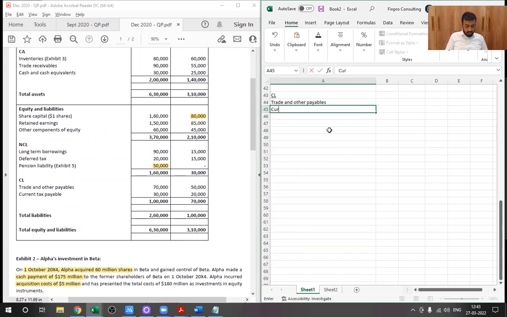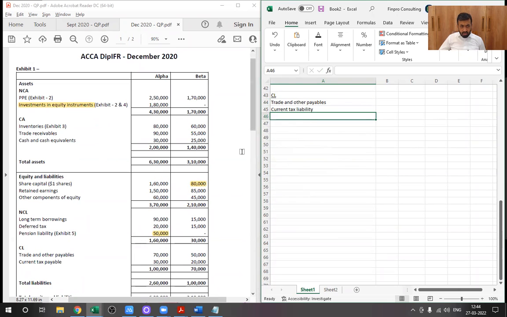Then current tax liability. This is how you will make the structure first, okay? And then we will first pass on these amounts. We will get rid of this entire balance sheet which they have given. We will pass this entry wherever it is required to the respective section.